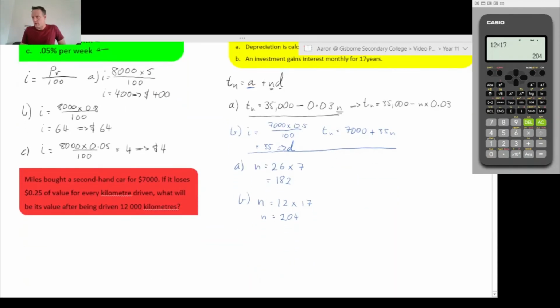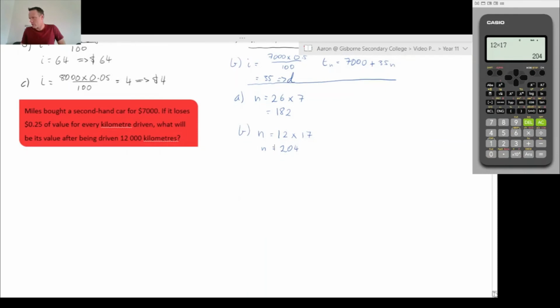Okay, last question, the red one down here, shiny red one. Miles bought a second-hand car for $7,000. If it loses 0.25 cents in value for every kilometre driven, what will be its value after being driven 12,000 kilometres? First thing, let's set up our equation.